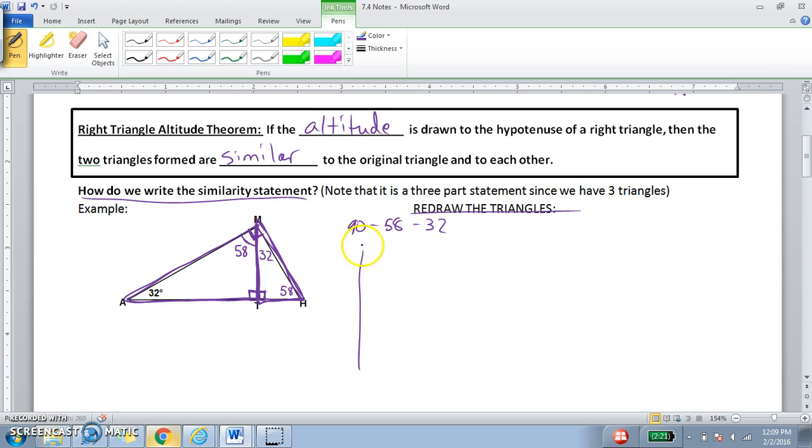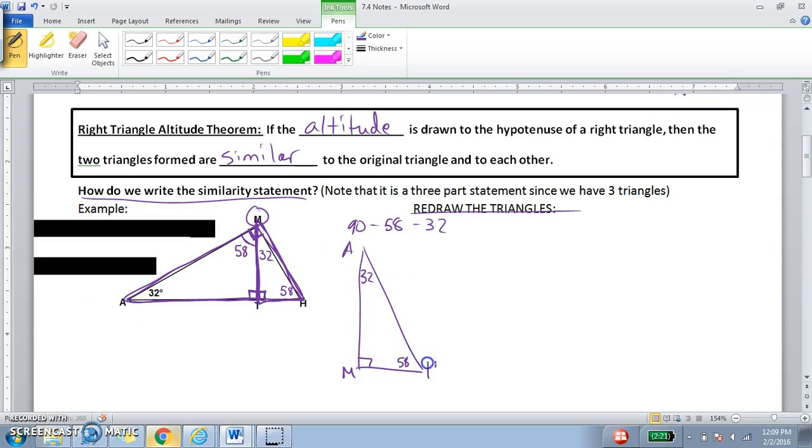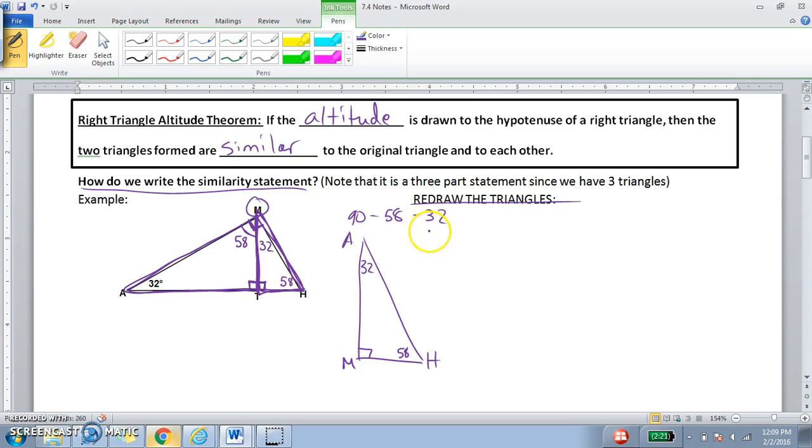So let's start with the big triangle. If I keep it in order, the 90 is here, the 58 is here, and the 32 is here. If I look at the entire big triangle, the 90 is letter M, the 32 is letter A, and the 58 is letter H. If I do that for this triangle on the left, drawn in the same order, 90, 58, 32, the 90 is now at letter T, right here.